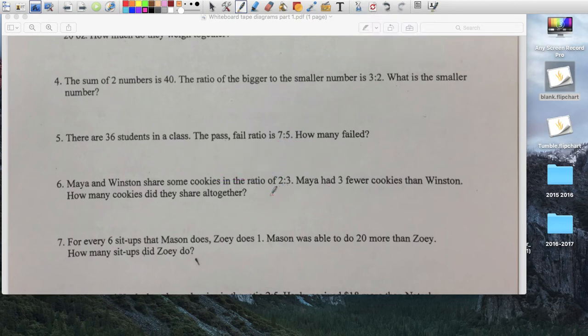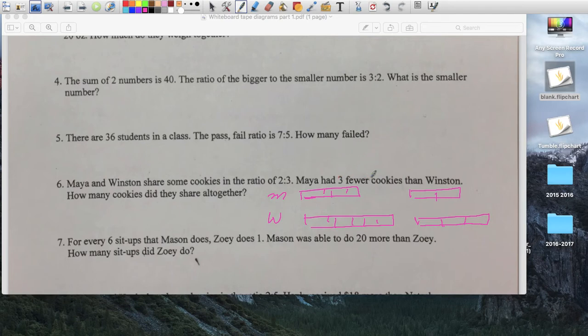Cookies. Maya and Wilson. It's 2 to 3. So Maya is 1, 2. Wilson is 3. I'm going to draw this again: 2, and now 3. So Maya had 3 fewer cookies.